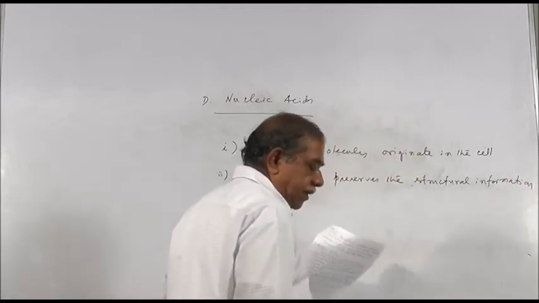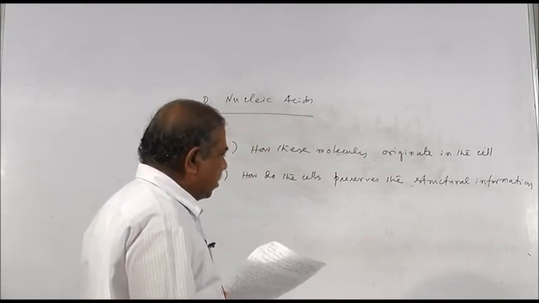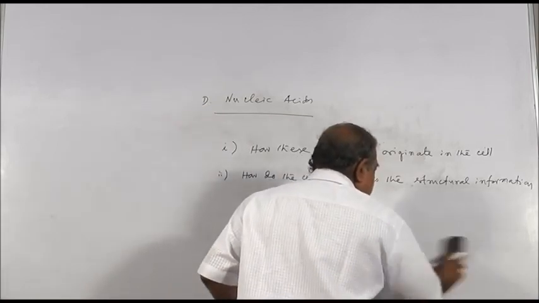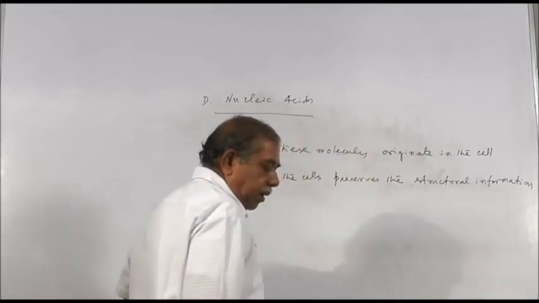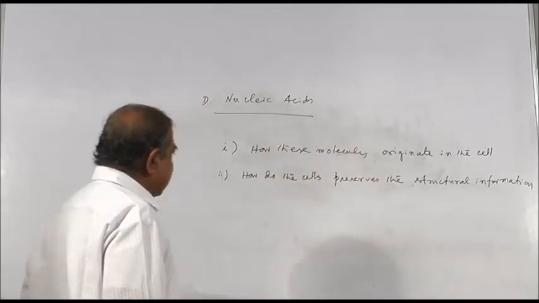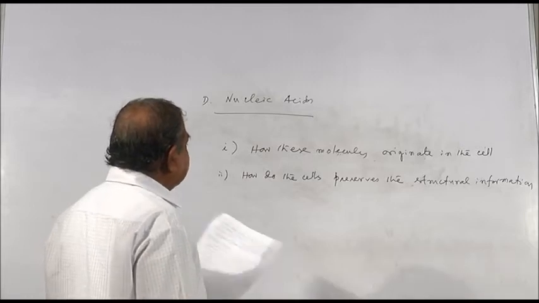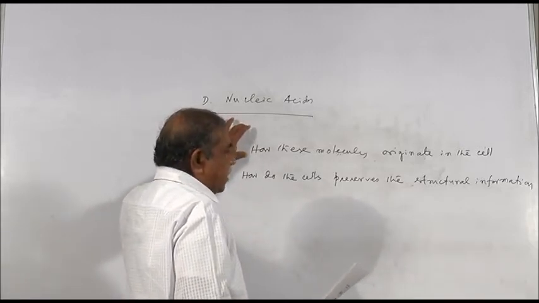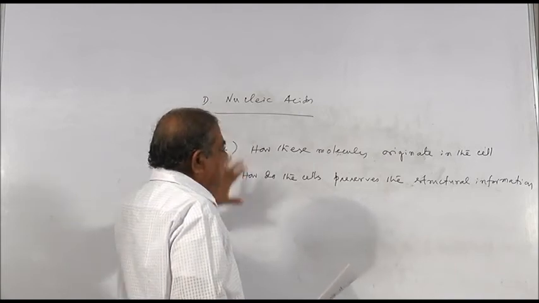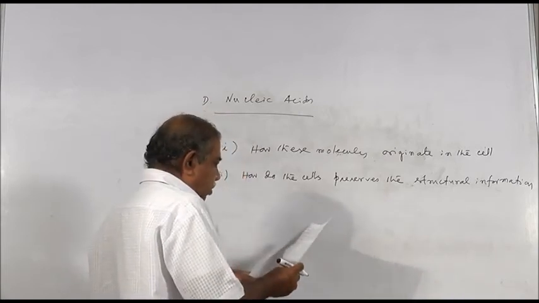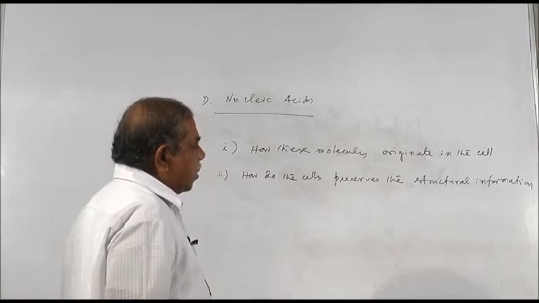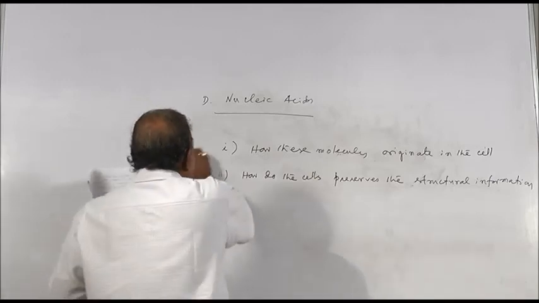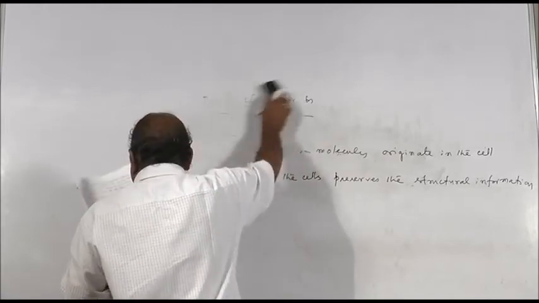So you know, the main constituent of a cell is protein, and proteins and enzymes carry out the different functions of the cell. Now, nucleic acid provides how these molecules originate in the cell and how the cell preserves the structural information.